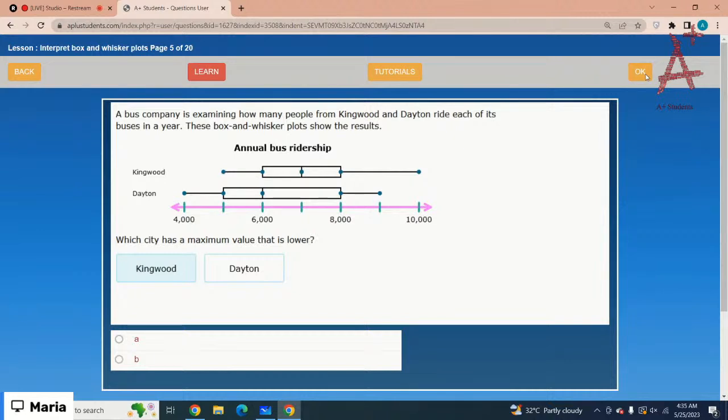So who has the lower value? Dayton has the lower value. Got it? Option number B is the correct option.